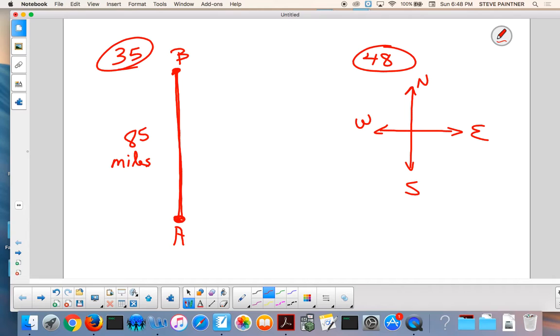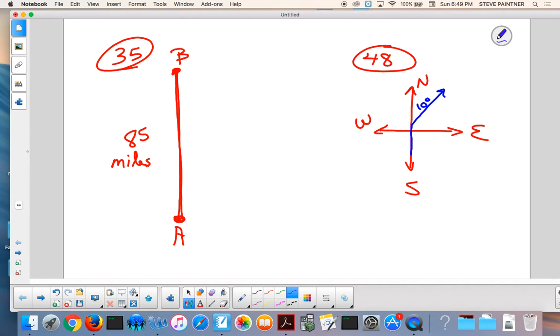Okay, next up, it says after flying 20 miles, the pilot must change course and fly 10 degrees east of north to avoid a cloud bank. Well, if you're flying north and you go east of north, it's going to look like this, 10 degrees.